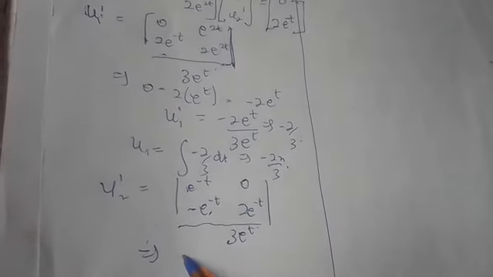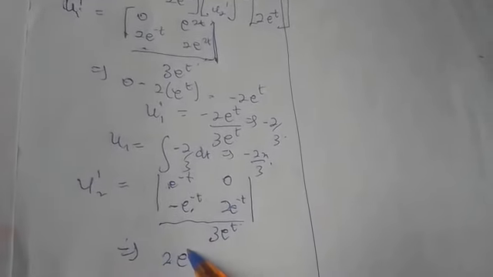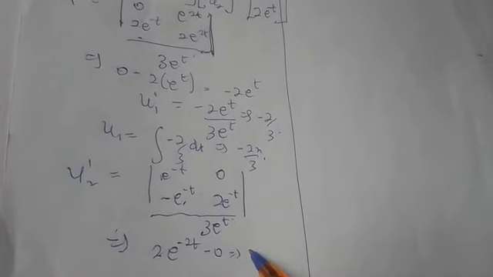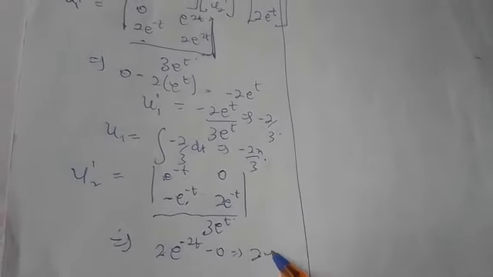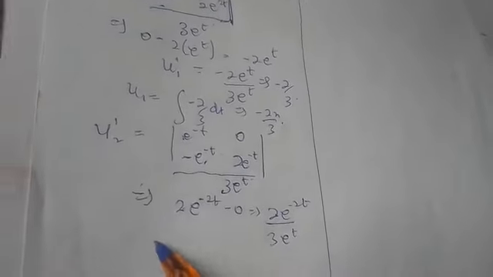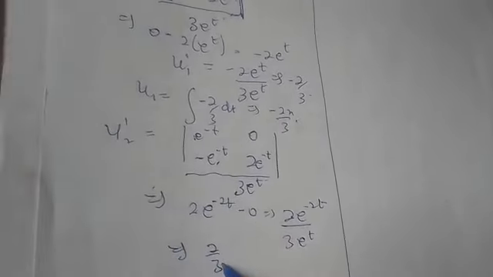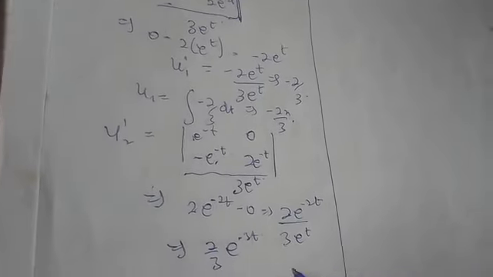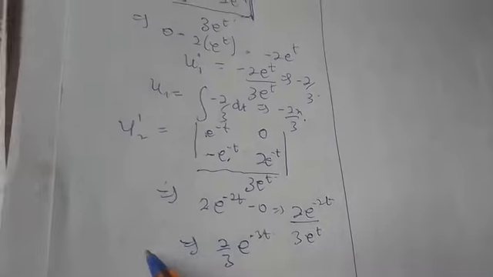So this times this, I'm going to get 2 multiplying e to the power negative 2t, minus 0. So 2 e to the power negative 2t all over 3 e to the power t. And that's going to give me 2 over 3 e to the power negative 3t, like that. And that is u prime 2.